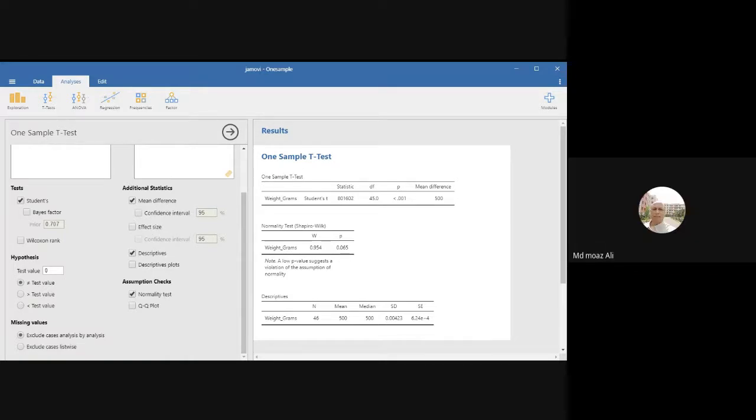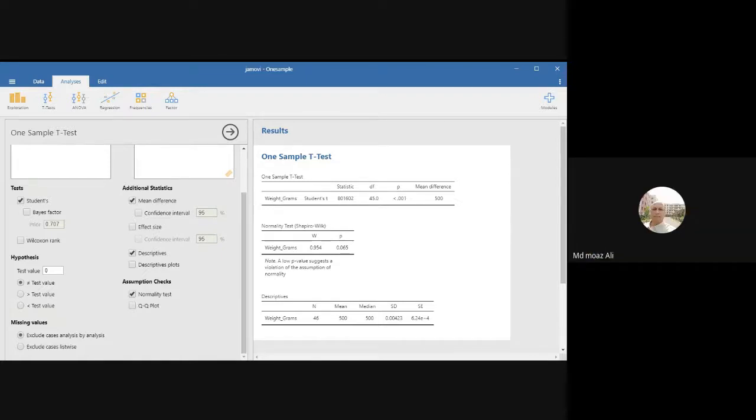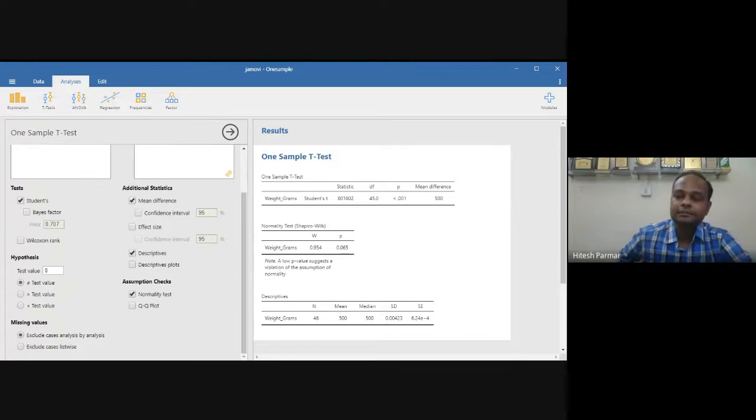There is a significant difference. As the p-value is less than 0.05, we reject the null hypothesis, and it can be concluded that the difference is significant. There is a significant difference between a sample mean and a standard mean.